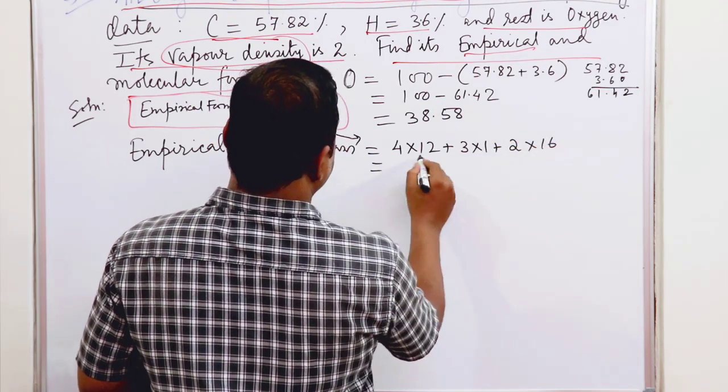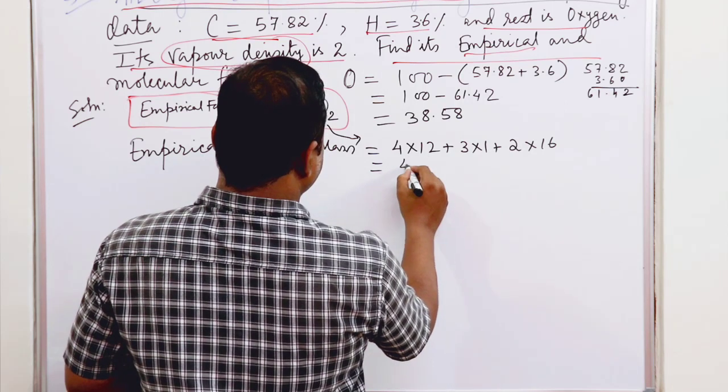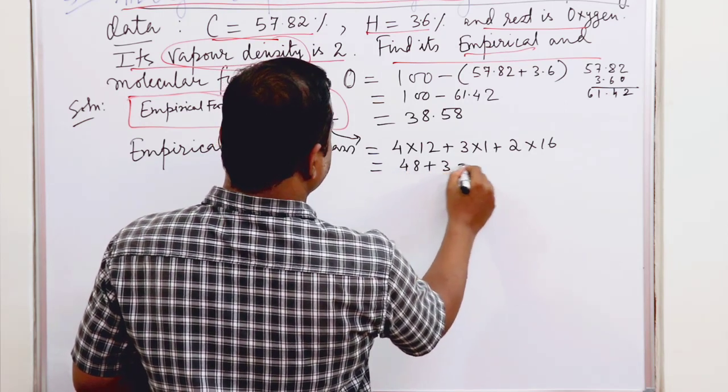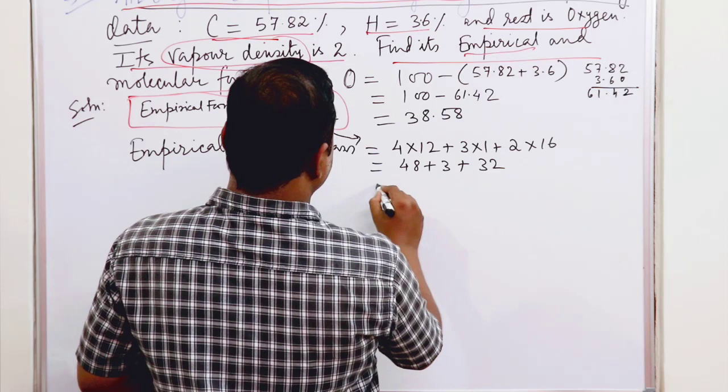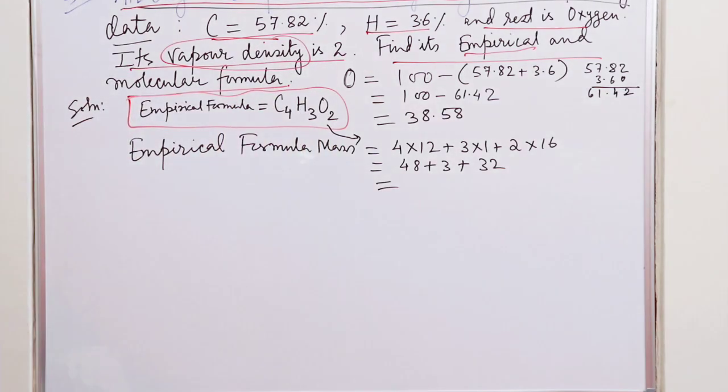So 12 4s are 48, plus 3, plus 32. On addition it comes out to be 83.